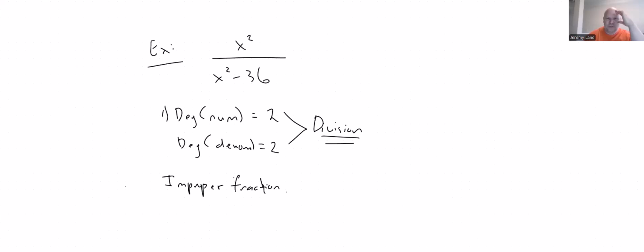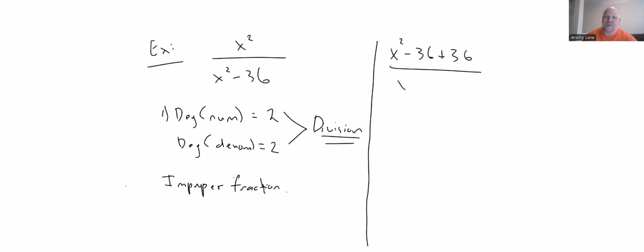Well, there's a few ways you can do this. A nice shortcut way, because the coefficients of the x squared variables here are both the same, in this case both 1, you can do a little itty-bitty trick here by saying x squared minus 36 plus 36 over x squared minus 36.